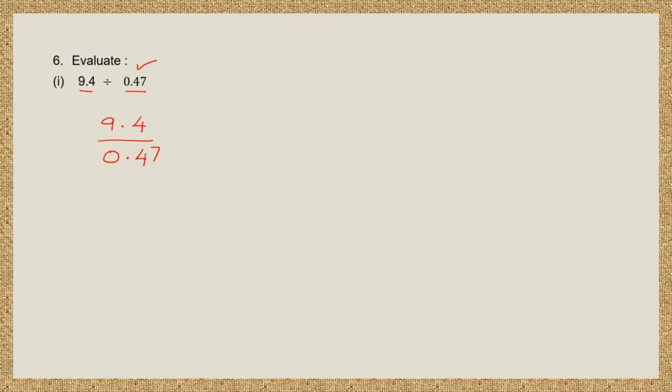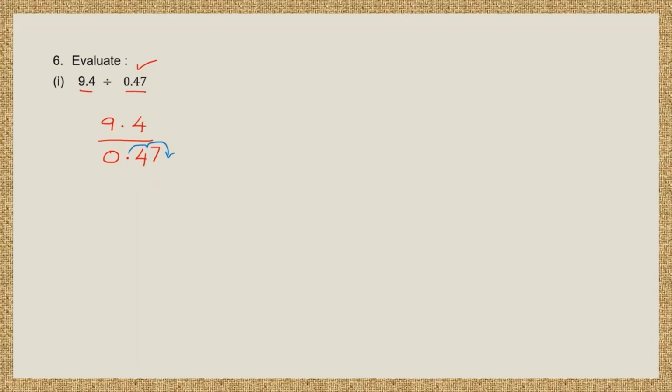Now look at your denominator. Your denominator should always be a whole number. But here it is a decimal number. It has a point. There are 2 decimal places. Now I need to remove that point. I need to move the point from here to here so that my number simply becomes 47. Once I move the point, it becomes a whole number.